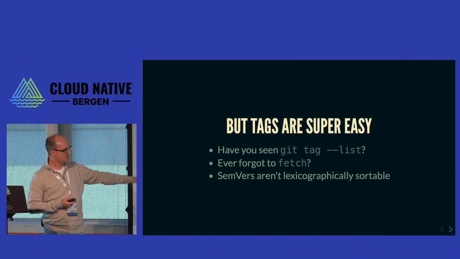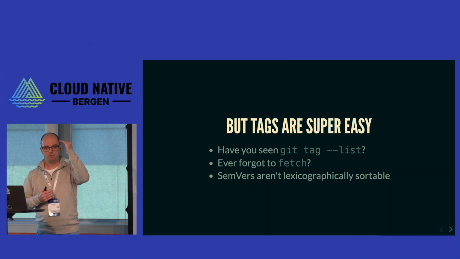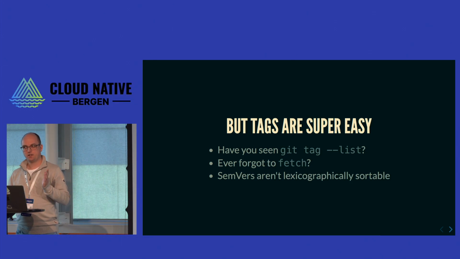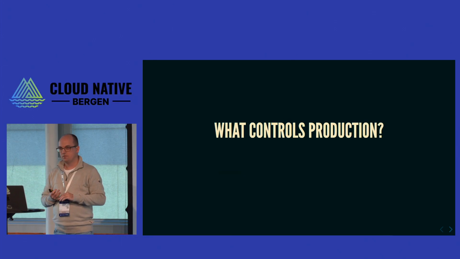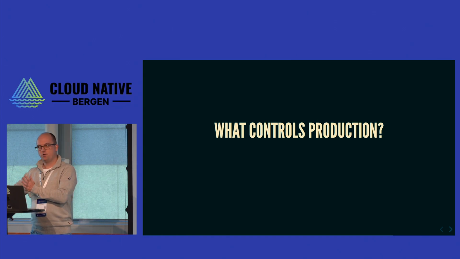So in the standard output of your git tag list, 1.10 will come before 1.2 in your output. So that can cause confusion as to where your tags are. And also, let's think back a moment. I said GitOps, you want an immutable versioned record of what's running in your infrastructure.